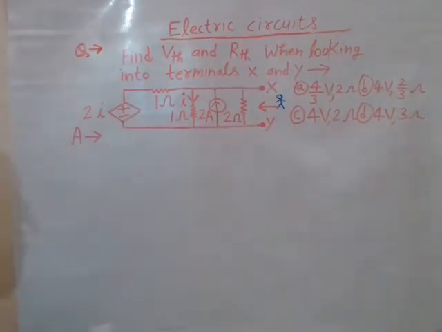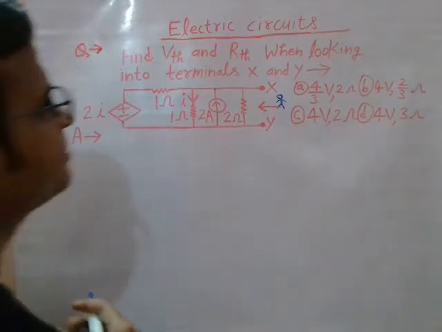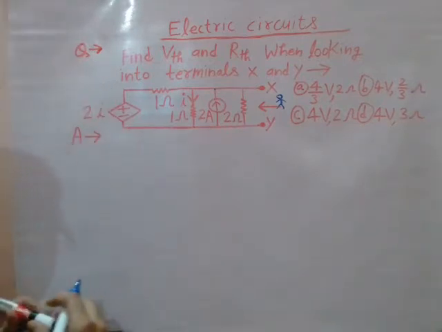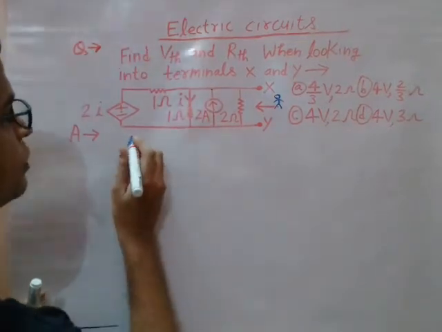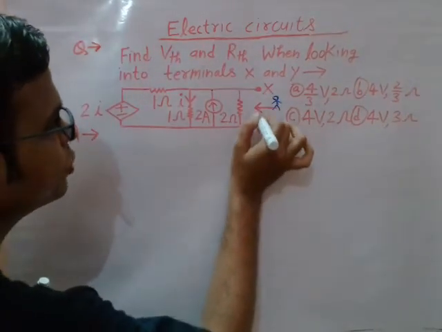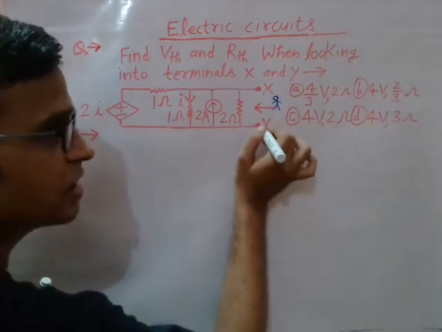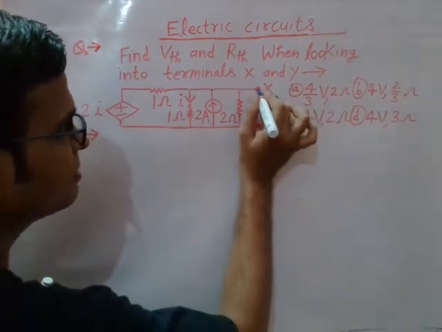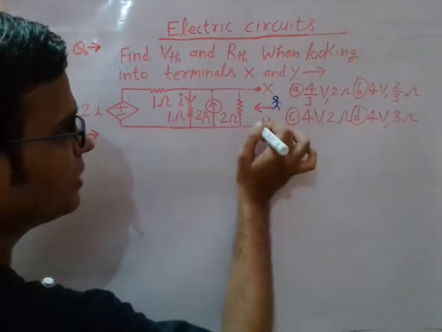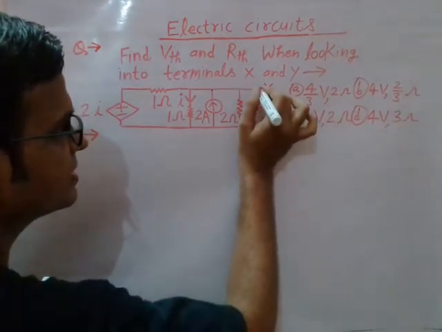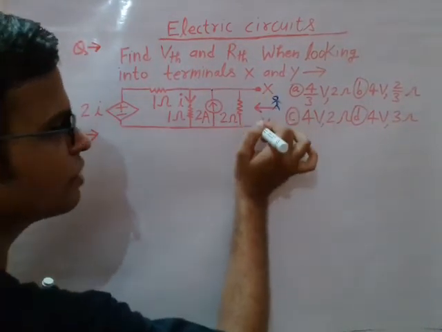Now how to start this question? The first step, as I told you, is to remove the load resistance across the desired terminals. The desired terminals are X and Y. This is already open, the resistance is already removed, so there is no need to remove it.